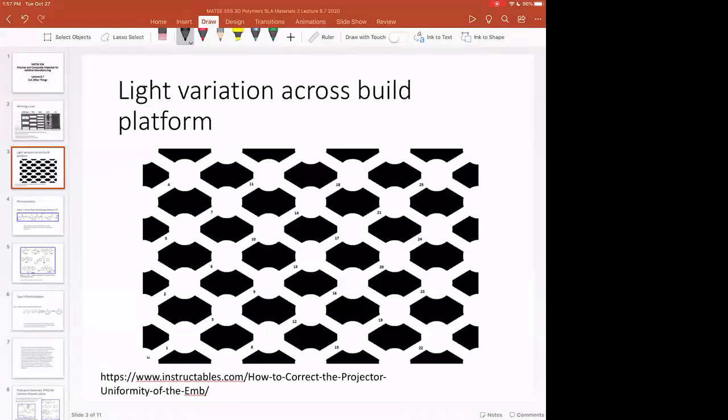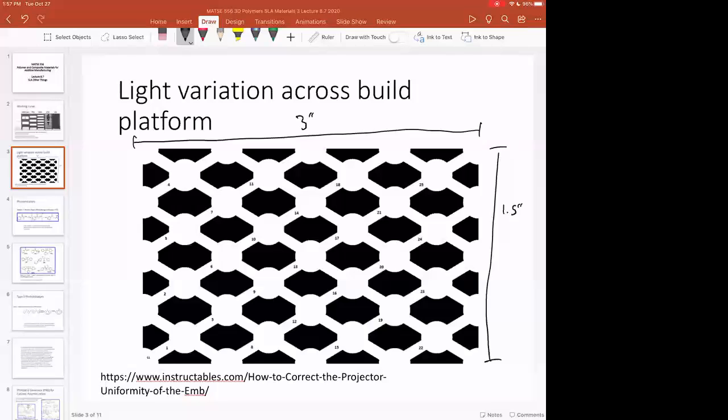So it was mentioned that the build platform in an Ember is usually only, say, 1.5 inches by 3 inches or so, but we know that SLA platforms can be on the order of tens of inches in each dimension.